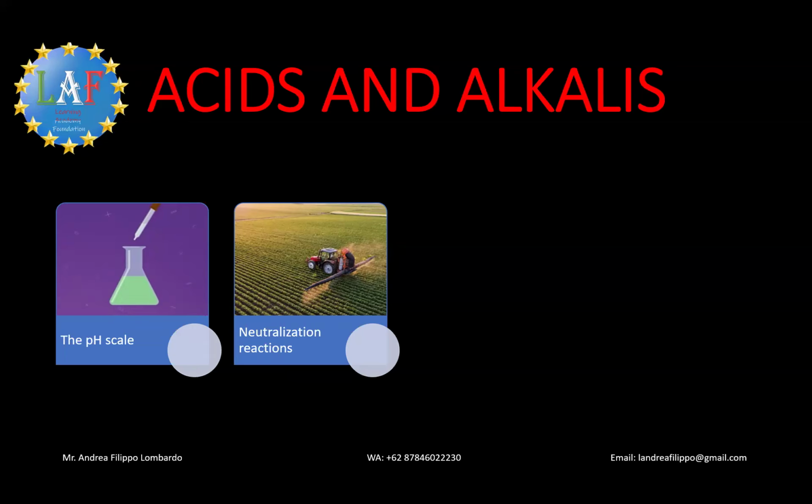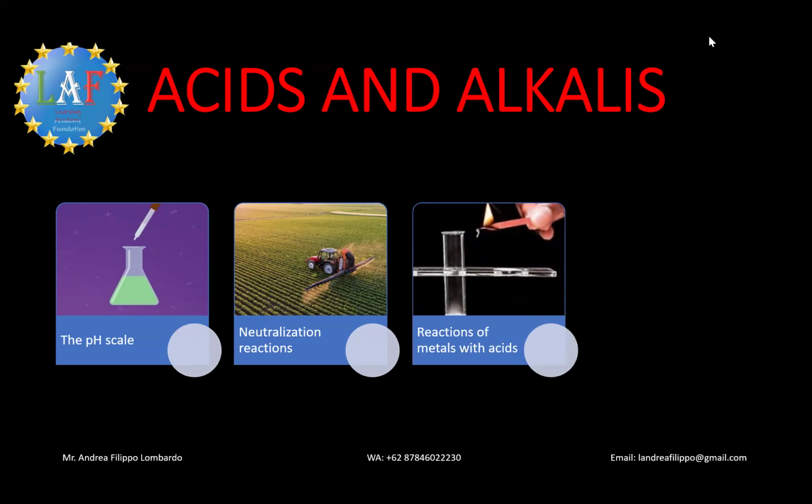The salt name can be found from the name of the acid and alkali. Acids react with some metals to produce salts and hydrogen. The salt name can be found from the name of the acid and the metal.